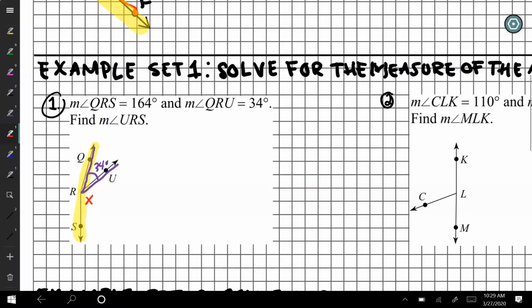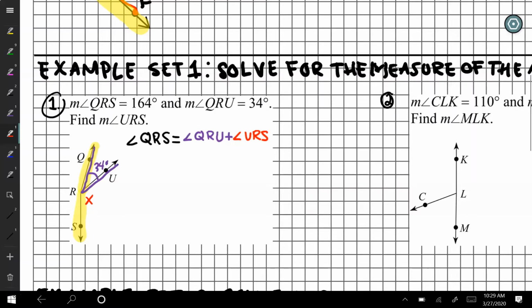So I'm going to start with the big angle, which is angle QRS, and that's going to equal angle QRU plus angle URS. Alright, so I have my setup. Now I'm going to go through and substitute what I know is true.